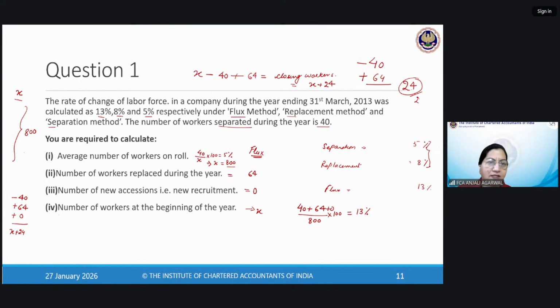As flux 13 is equal to 8 plus 5, new accessions or new recruitment is 0. Number of workers in the beginning of the year is to be found. So average is 800 and 40 left, 64 joined. So x minus 40 plus 64 will be closing, which is x plus 24. So the average of x and x plus 24 is 800. You can calculate the value of x.